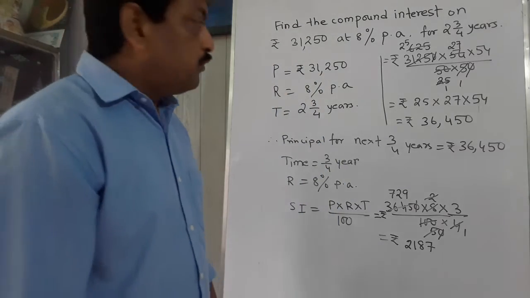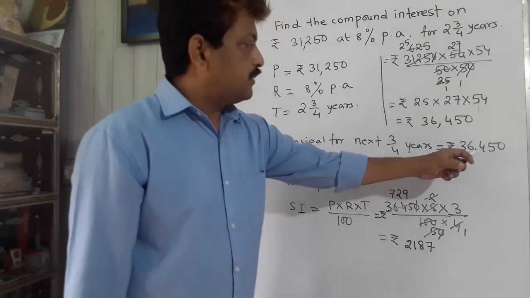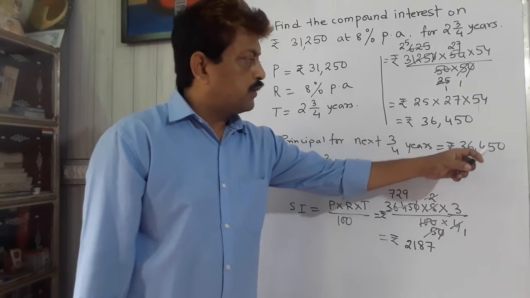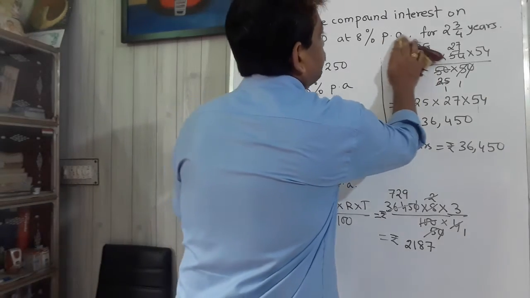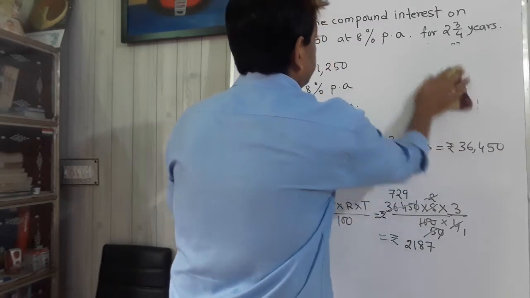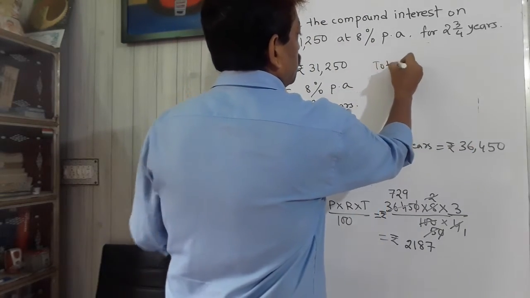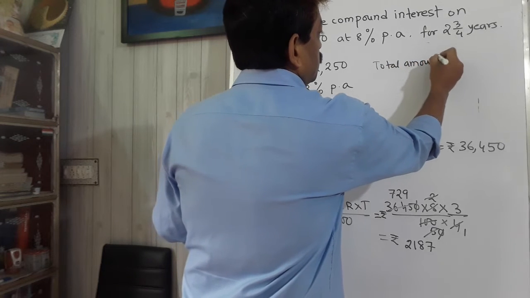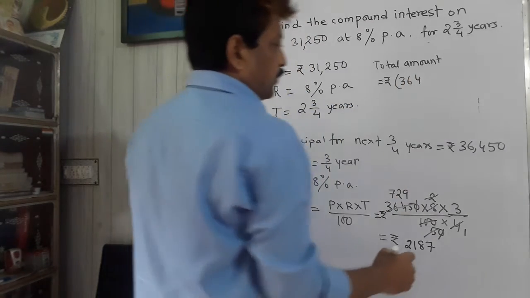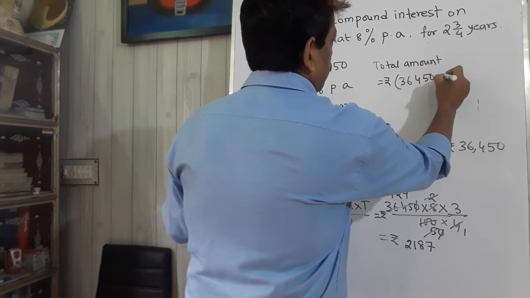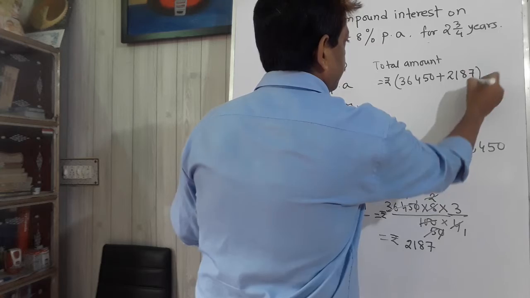Okay, then next what we have to do? Next we have to add this interest to the principal, that is 36,450, to get the total amount. Total amount equals rupees 36,450 plus rupees 2,187.